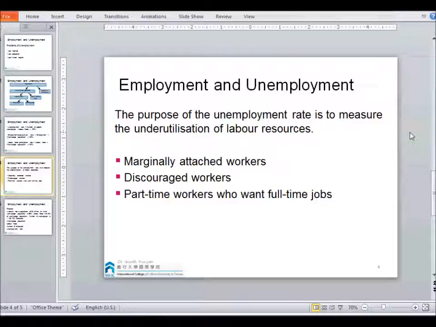Well, how about those who are unemployed but are not officially counted to be unemployed?